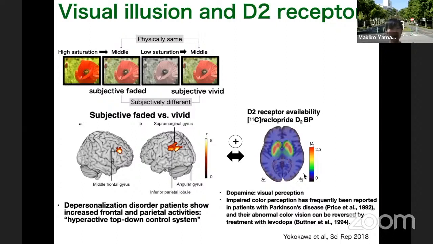And in the case of Parkinson's disease, there are several reports showing impaired color perception, which can be reversed by treatment with levodopa, by increasing dopamine. And using PET, we could figure out that striatal dopamine D2 receptors are indeed associated with visual illusions of this type.